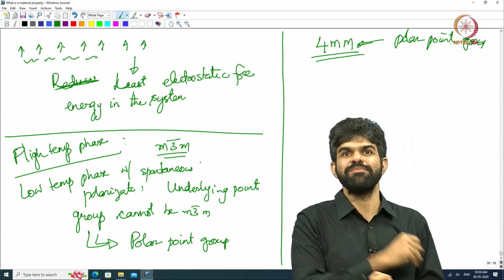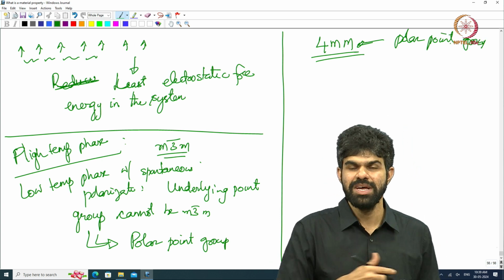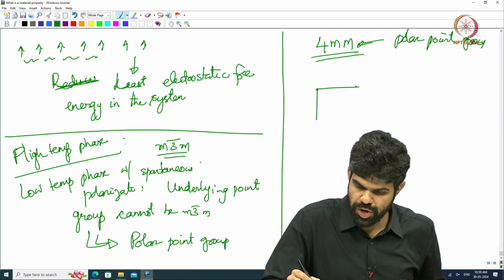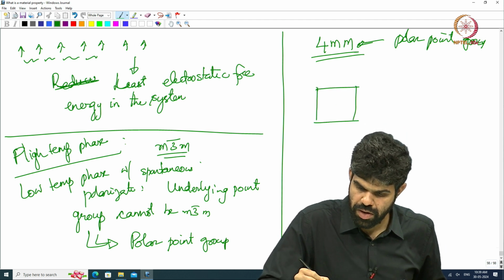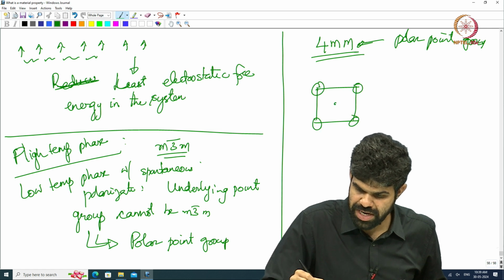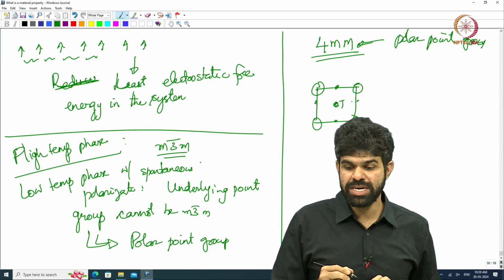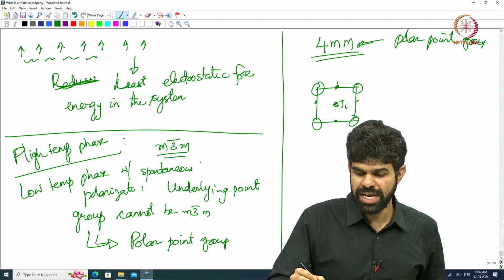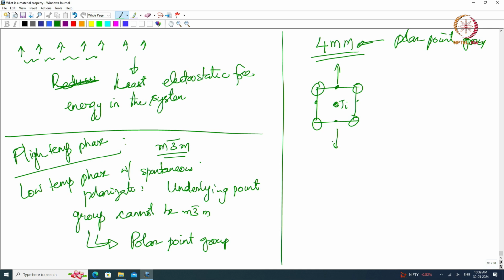Now, what is 4mm? 4mm is a tetragonal system. I started with a cubic system. I started with a cube and said, okay, I have bariums here, I have titanium at the center, I have oxygens here. What I did to this cube, I took every individual octahedron and applied some sort of a tensile strain.